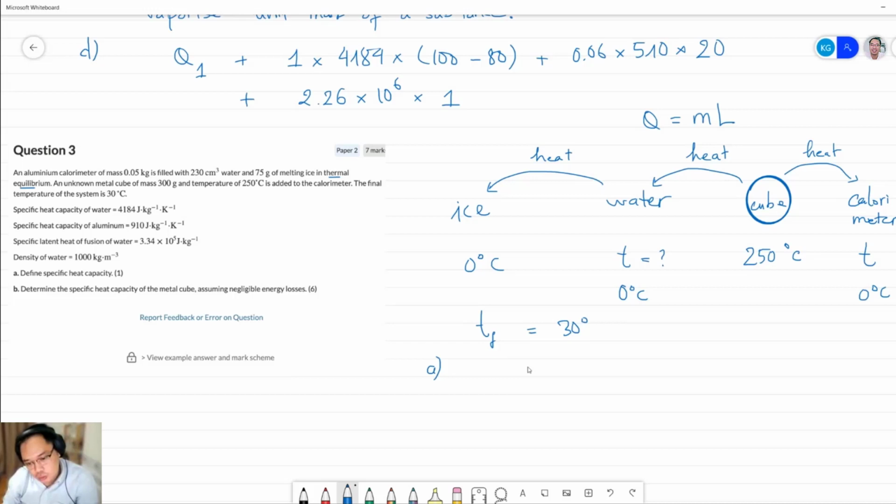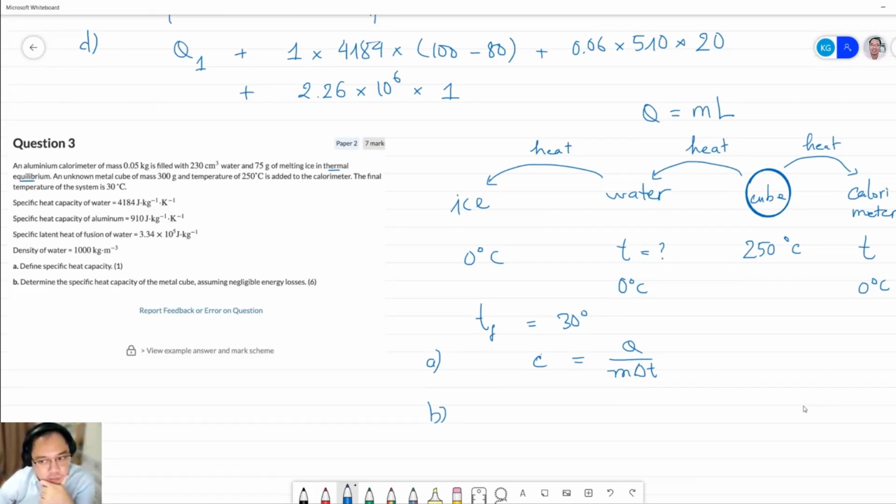The amount of heat, use this equation, C is Q over m delta T. The amount of heat to increase the temperature of unit mass, 1 kilogram, by 1 degree, 1 Kelvin. Question B, determine the specific heat capacity of the metal, assuming negligible energy losses.